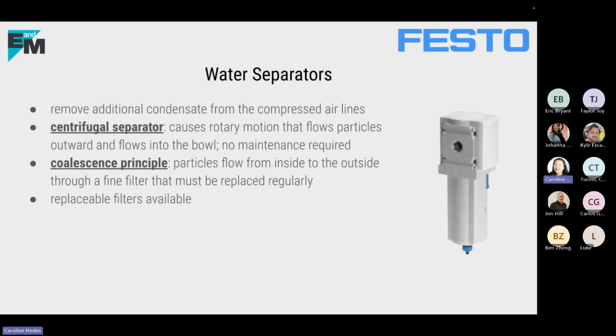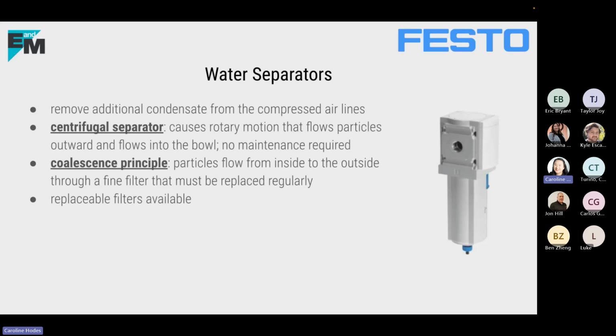There are two different types of water separators that can be applied to a system. Water separators do also what they sound like, which is that they remove additional condensate from those compressed air lines. Those two water separators are the centrifugal separator, which will cause rotary motion that flows particles outward and then into the bowl.